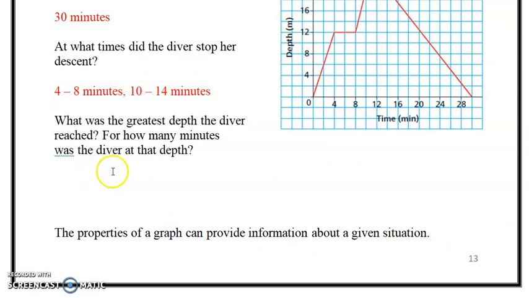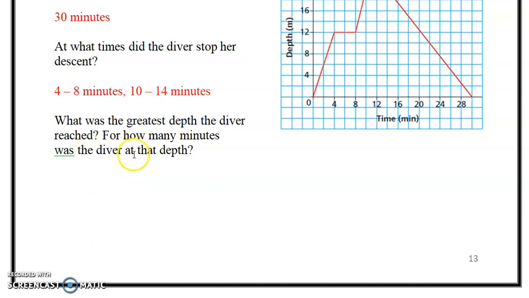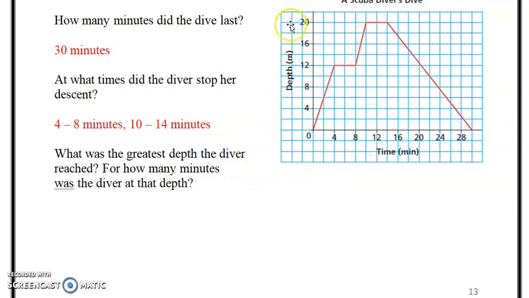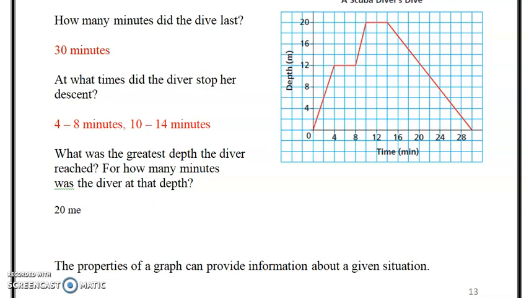Okay? And the last one there, what was the greatest depth the diver reached, and for how many minutes was the diver at that depth? So you can clearly see that 20 meters was the diver's greatest depth. And it says for how many minutes was the diver at that depth, and we talked about that before.